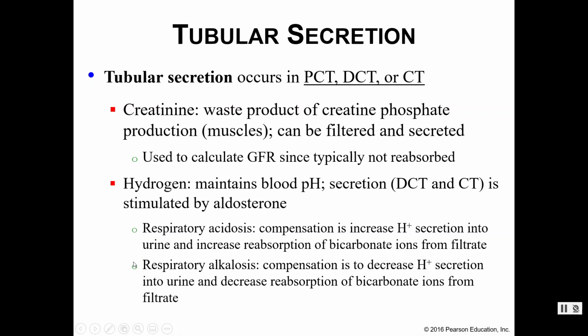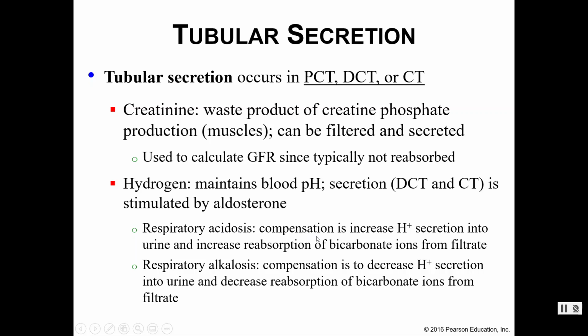So if you are suffering from respiratory acidosis, your blood has become too acidic, you've got too much acid, and it is a respiratory problem, so maybe you are hypoventilating, you aren't breathing out enough CO2. We can compensate for that. What is going to be the compensation?